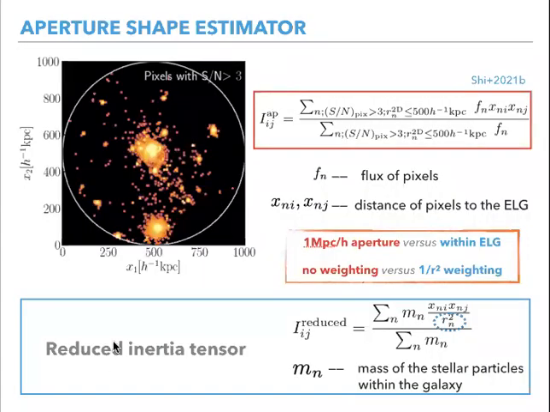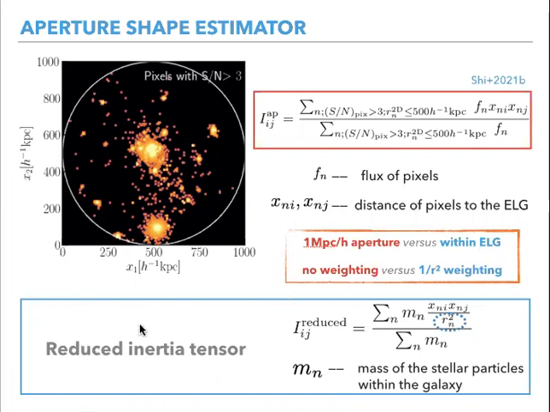So we define a new aperture shape estimator based on those image simulations. For each emission line galaxy, we use the flux surrounding it within a radius of 500 kiloparsec in comoving space, and we derive the inertia tensor using this.